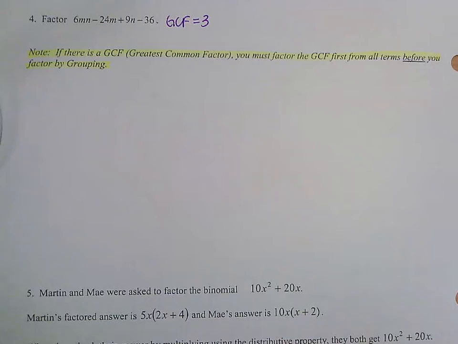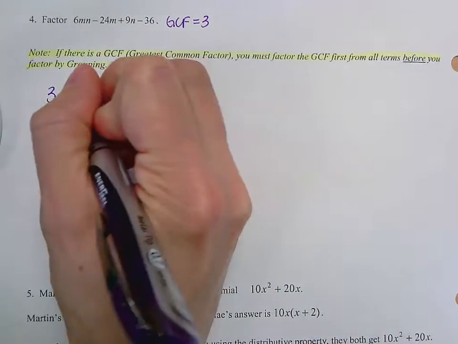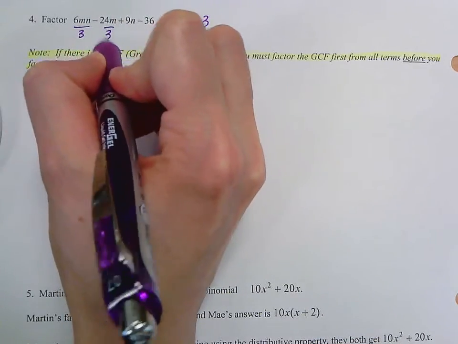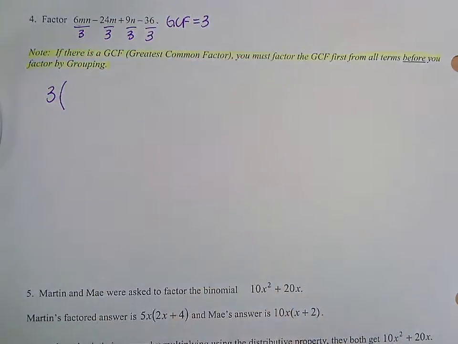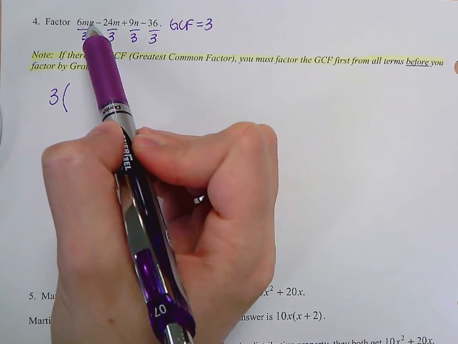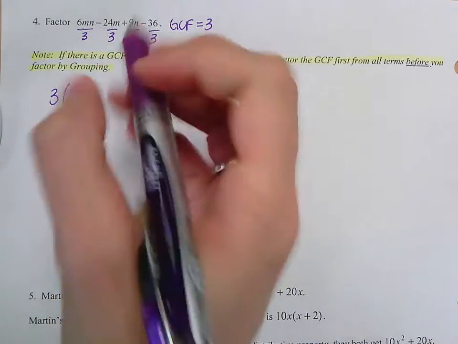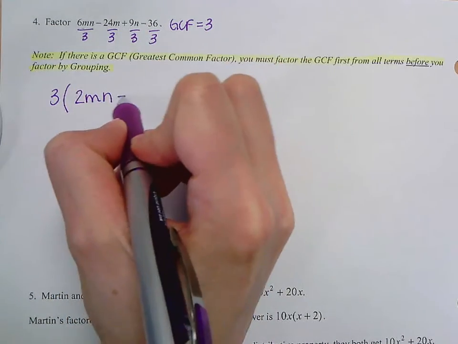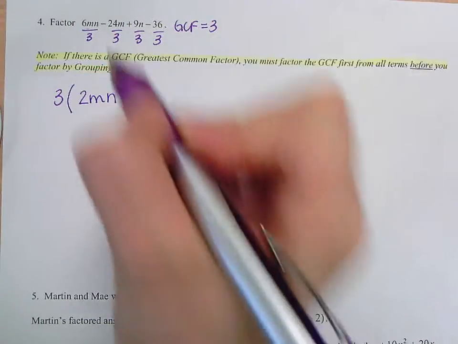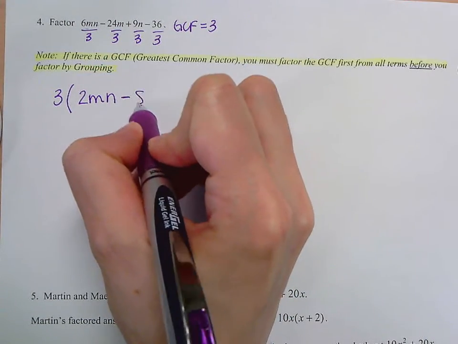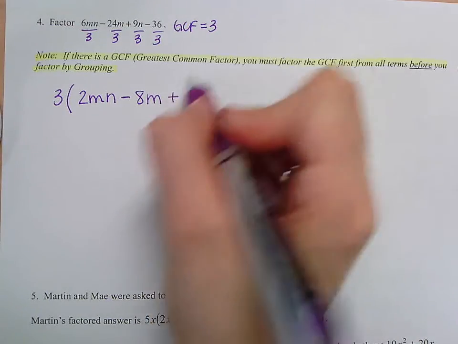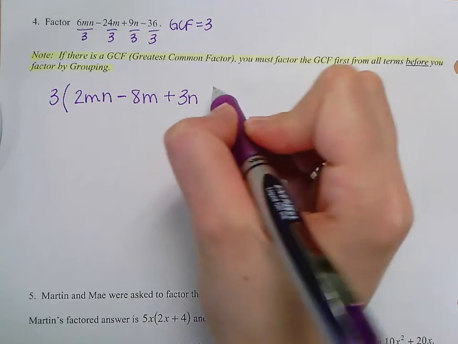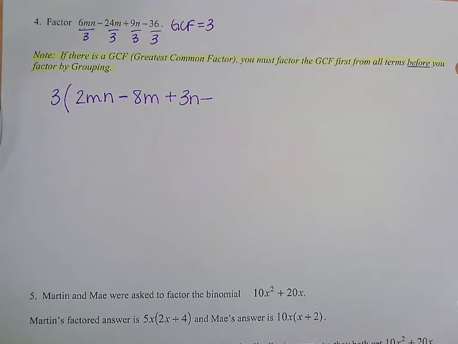So remember when you take the GCF out, the GCF goes in front, and then in parentheses you write what you have left when you divide these all by 3. So what is 6mn divided by 3? 2mn, and then minus 24m divided by 3 is 8m, plus 9n divided by 3, and then minus 36 divided by 3.